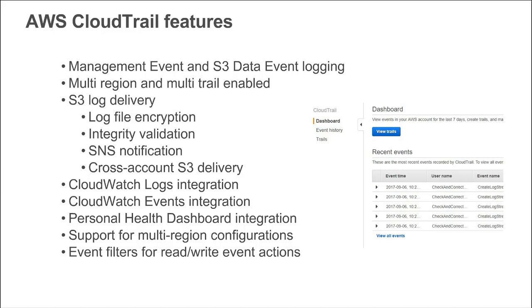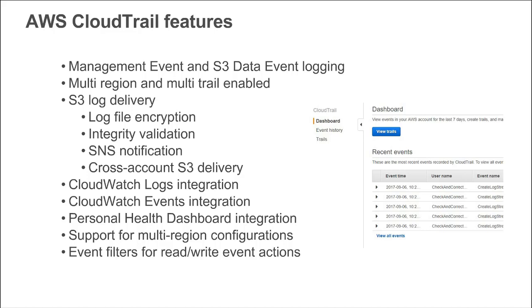With multiple trails, different stakeholders such as security administrators, software developers, and IT auditors can create and manage their own trails to track API calls as well as related events. Log file integrity validation is another advanced feature that you can use to validate the integrity of CloudTrail log files that are delivered in your Amazon S3 bucket.